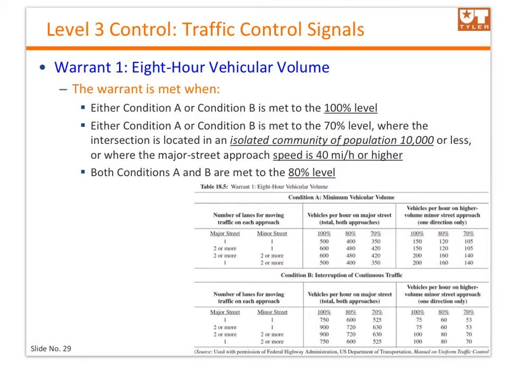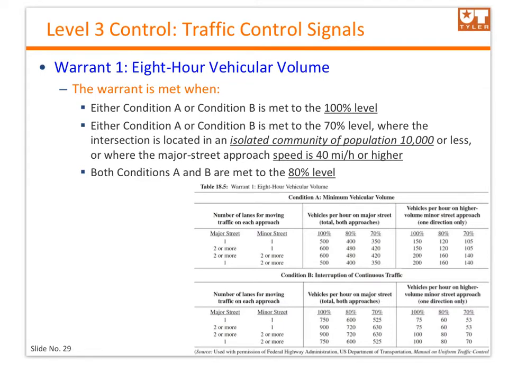So the question here: how can we meet this warrant? Since we have condition A and condition B as shown in table 18.5. The warrant is met first if either condition A or B is met at the 100% level. The second case is if either condition A or B is met at the 70% level, where the intersection is located in an isolated community of population 10,000 or less, or where the major street approach speed is 40 miles per hour or higher.